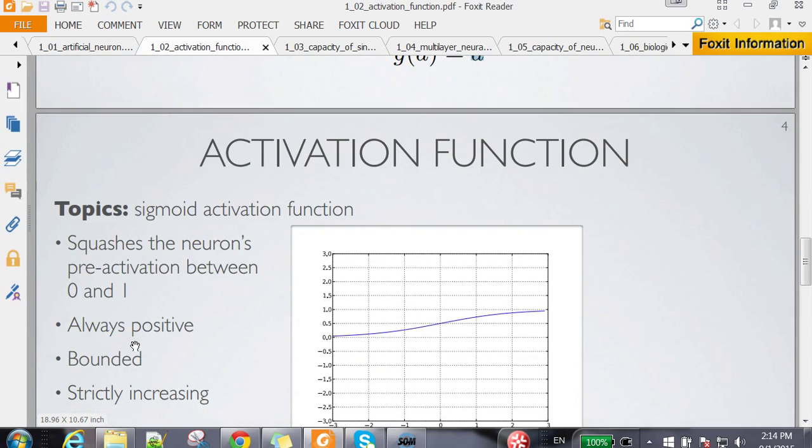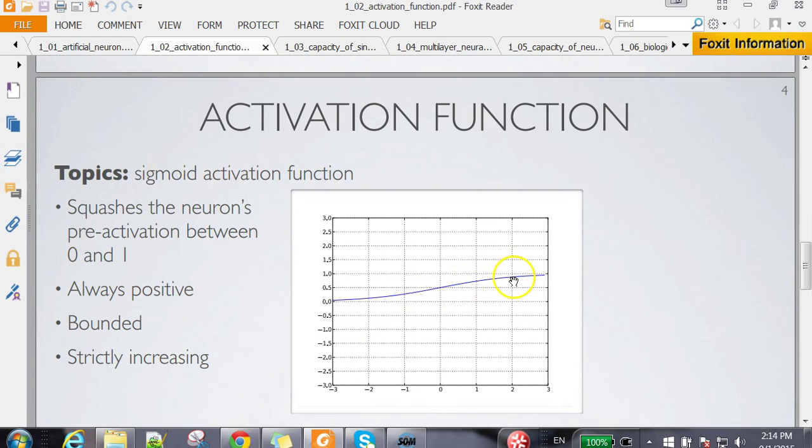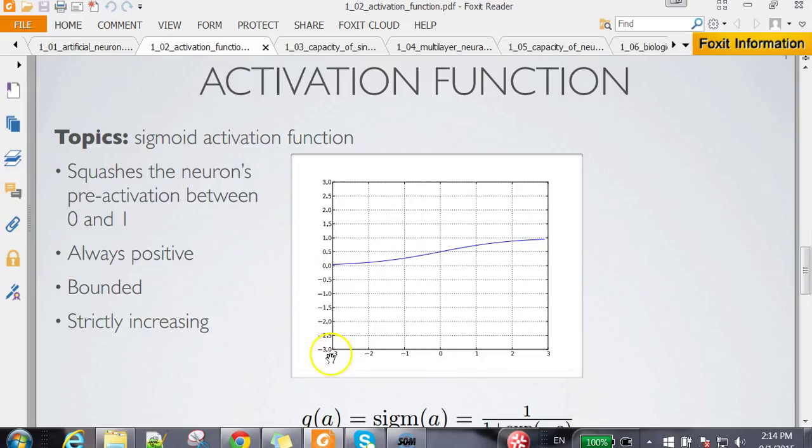Okay, so the next one is maybe some shape like this. First of all, you can see that it's bounded by 0 and 1. By the way, I made a mistake. It doesn't have to be bounded. Well, okay, so it's bounded between 0 and 1. So this has a nonlinear shape. What it does is we can say that it squashes the neuron's pre-activation to between 0 and 1.